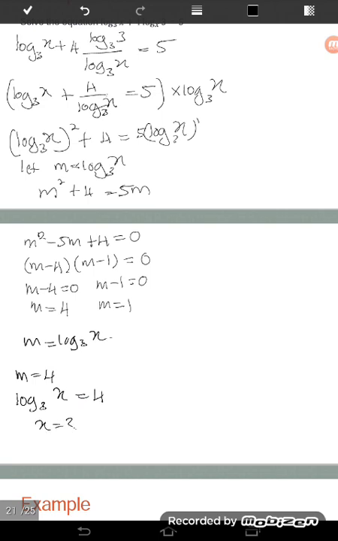So x equal to 3 power of 4, which is equal to 3, 9, 27, 81. Okay. And then another one, if m equal to 1, so we will have log x base 3, which is equal to 1. Okay, so this base 3 bring to the right, so x is equal to 3 power of 1, which is 3.